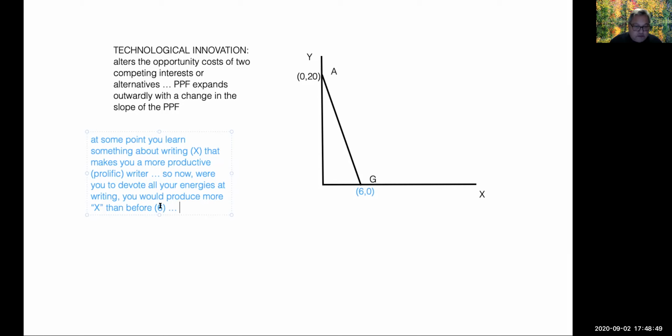So instead of 6, you'd go to 10, say. 10 written paragraphs.